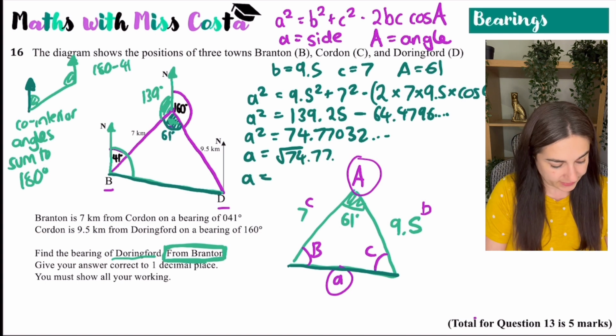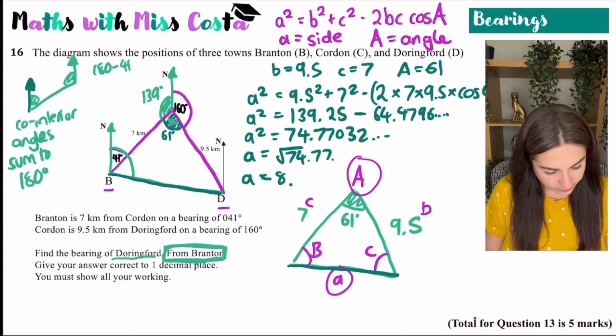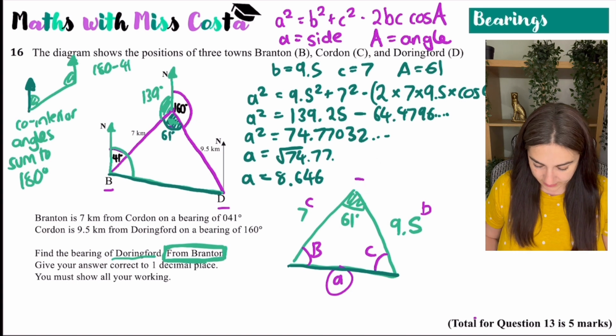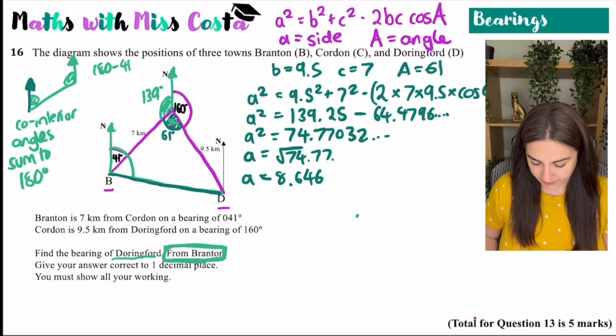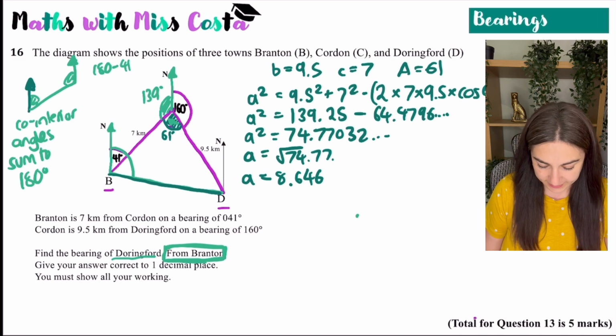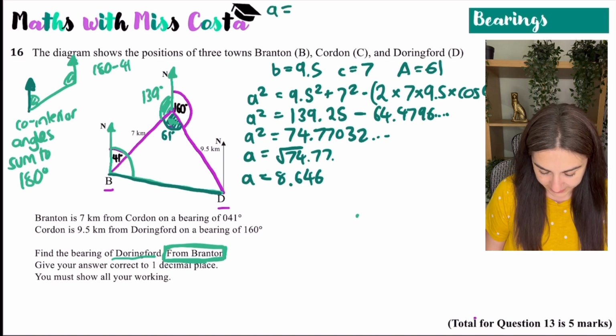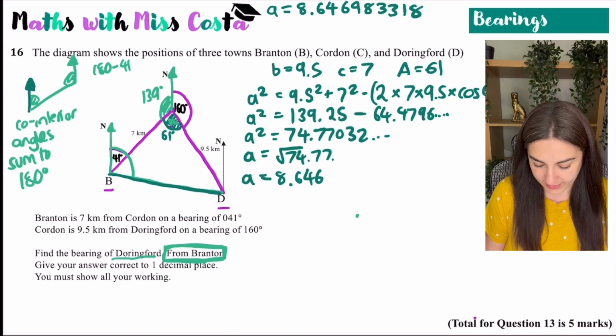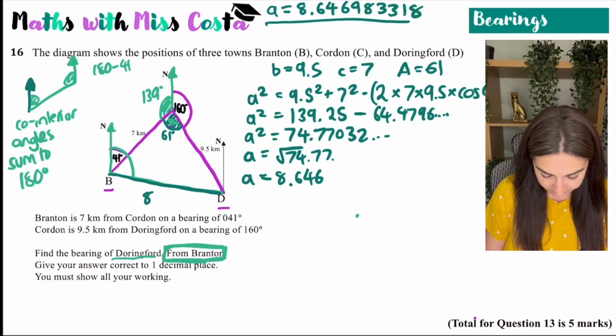So A is square root of answer, which is 8.646. I'll just rub this out so that there's room for it. Actually, I'm going to write it out here just in case I need the full value for later: 8.646983318. Okay, so this is the length of this side here.